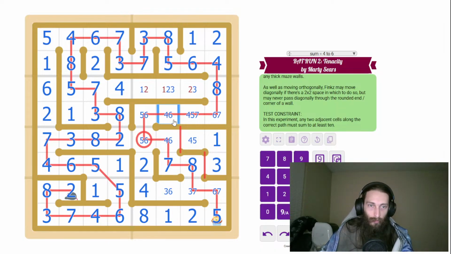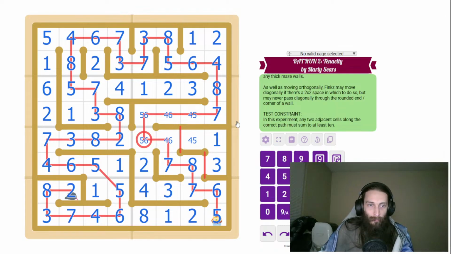Not a 7, not a 7, 1, 3, 2. 7, 6, 7, 3. Well, row 4, column 6 cannot be a 4 because it can't connect to 4 or 5.